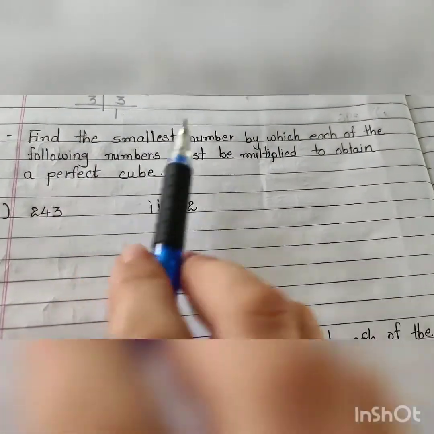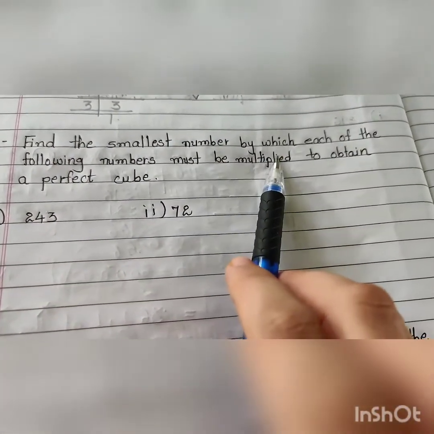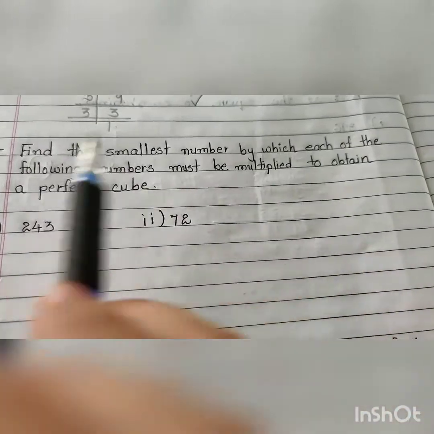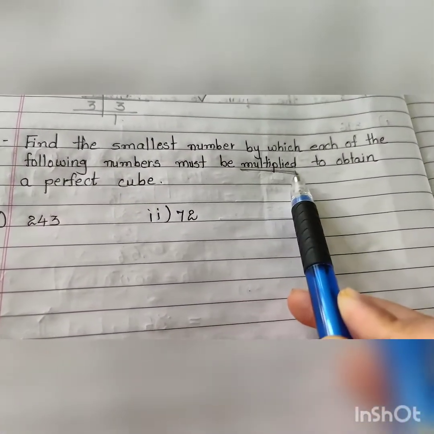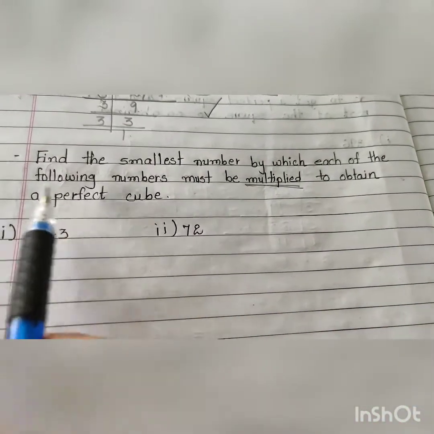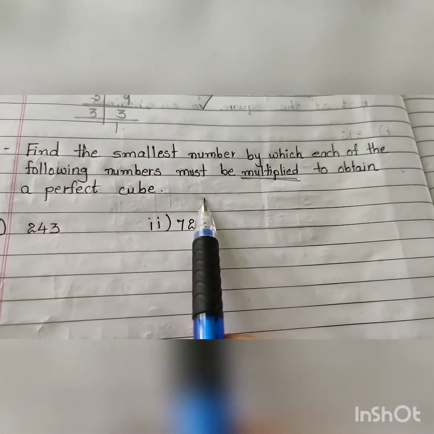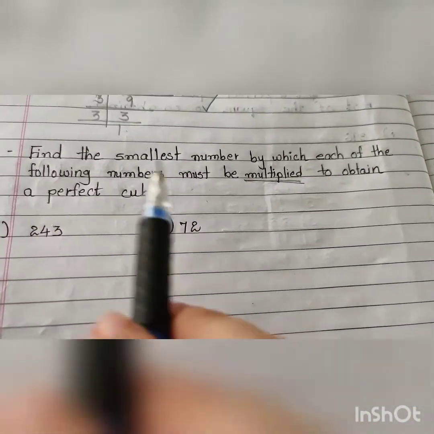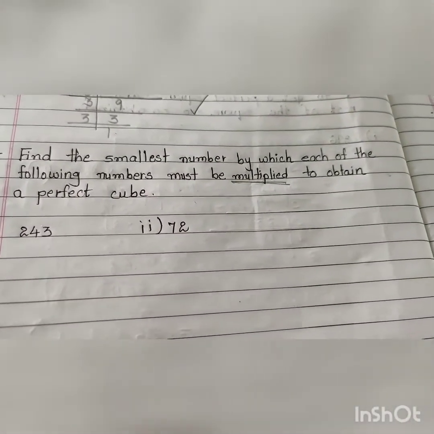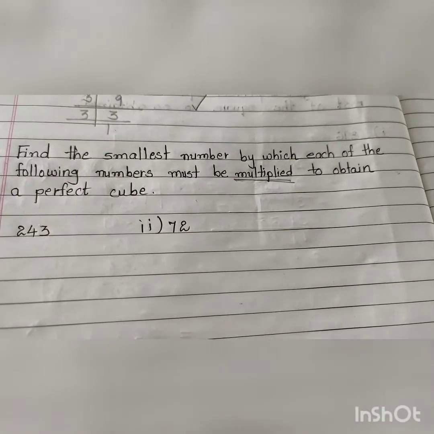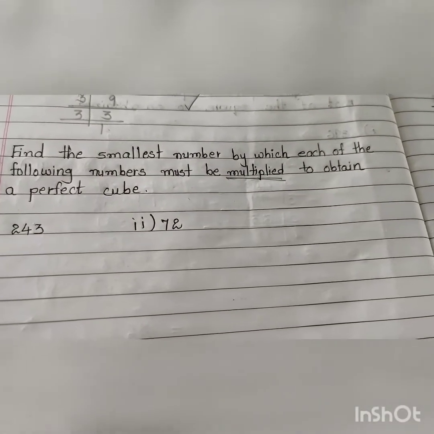Find the smallest number by which each of the following numbers must be multiplied to obtain a perfect cube. So here they have given you some numbers. You have to make those numbers a perfect cube by multiplying by one number.